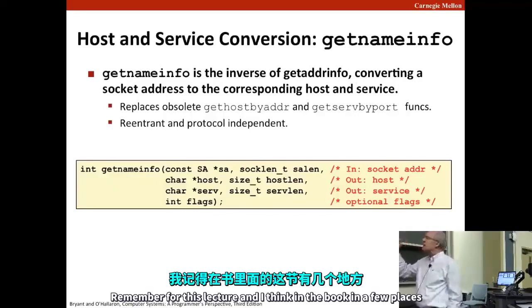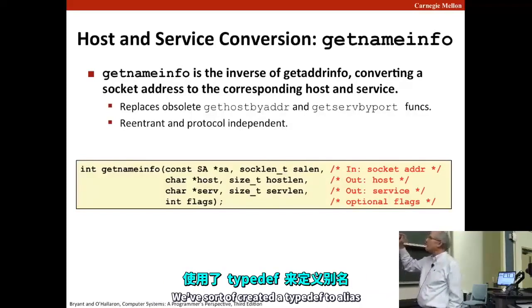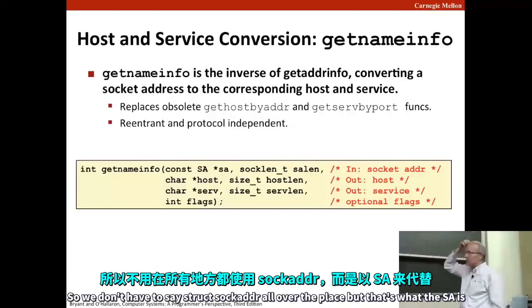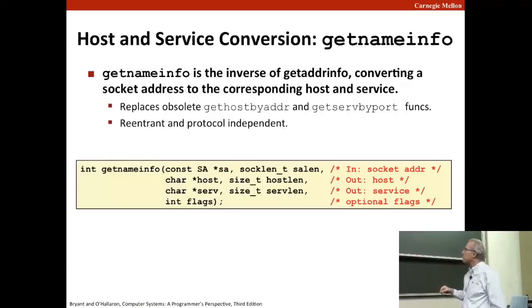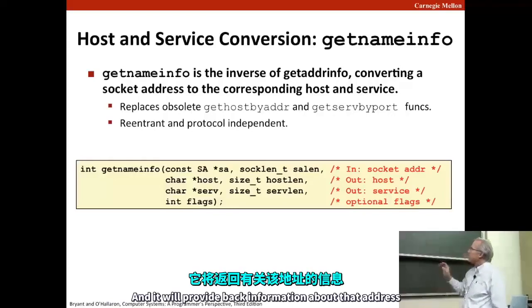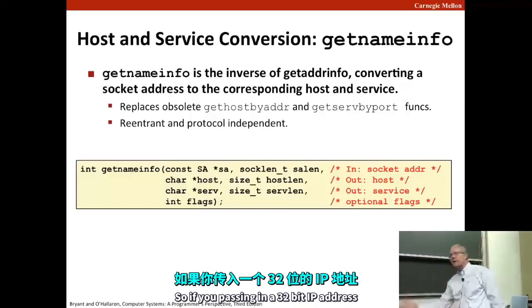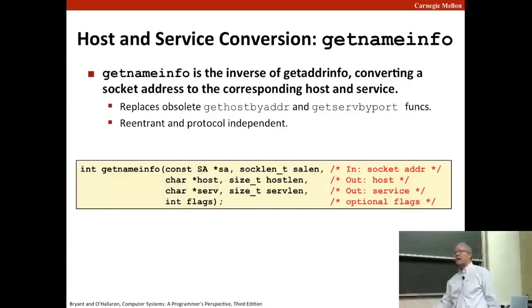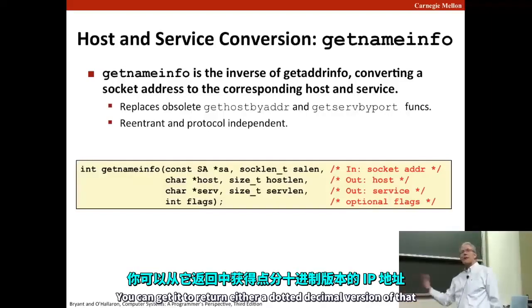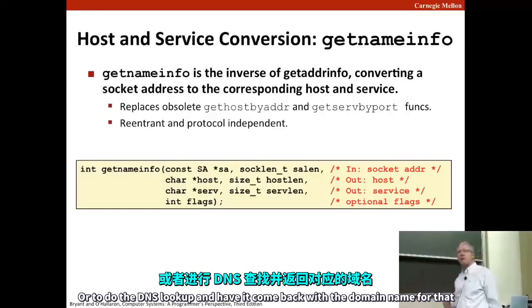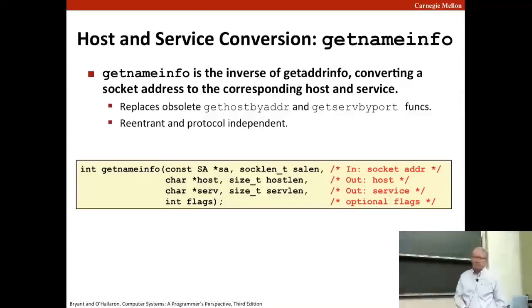Remember, for this lecture, and in a few places in the book, we've created a typedef to alias it, so we don't have to say struct sockaddr all over the place, but that's what the SA is. And it will provide back information about that address. So if you're passing in a 32-bit IP address, you can get it to return either a dotted decimal version of that, or to do the DNS lookup and have it come back with the domain name for that.